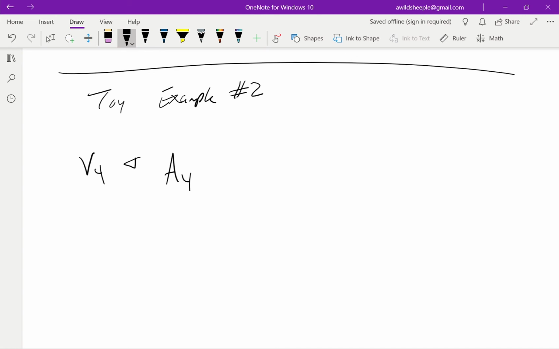Now, what is the quotient of A4 mod V4? Well, this is easy to identify because A4 has order 12 and V4 has order 4. So then the quotient has order 3. So it must be isomorphic to Z mod 3Z. Okay, so this means we have a surjective map from A4 to Z mod 3Z.